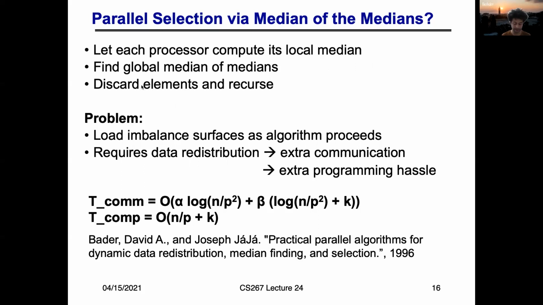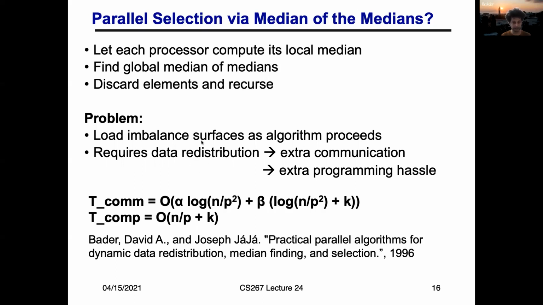Because it's possible that the global median of medians is not all that balanced. If the initial data is close to sorted, as opposed to being random values, then it's quite likely that each processor is going to discard a disproportionate amount of data compared to each other.